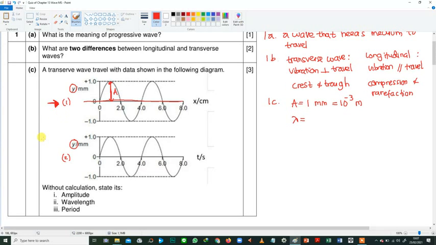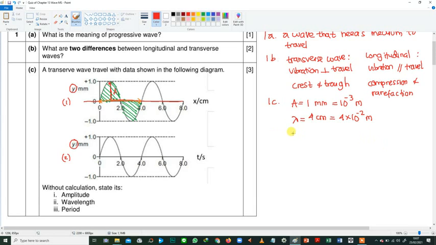Because in the x-axis it's distance. So let's see, this is one crest, this is one trough, and the length of this one is from 0 until 4. So what's the answer? Yes, it's gonna be 4 centimeter, or when you convert it to meter, it's gonna be 4 times 10 to the power of -2 meter.